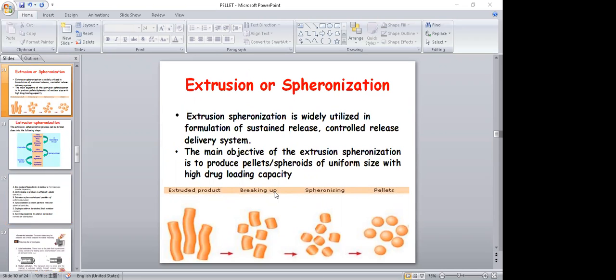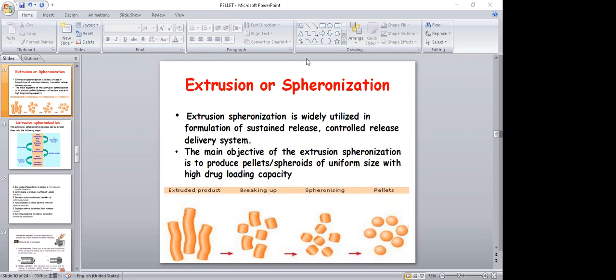So the first technique is extrusion spheronization. As I said, extrusion spheronization is the most widely used technique for the formulation of sustained release or controlled release delivery systems. The main objective of this technique is to produce spherical pellets of uniform size with a high drug loading capacity.